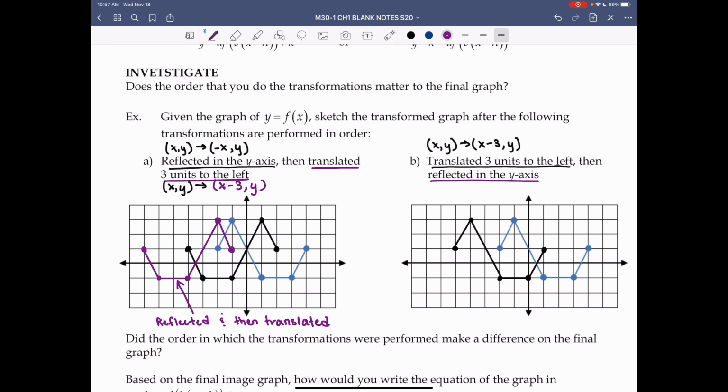That takes our point from the translated graph, x, y, and makes it negative x, y. So this point is at negative 5, so it'll be at positive 5, so it'll land here.